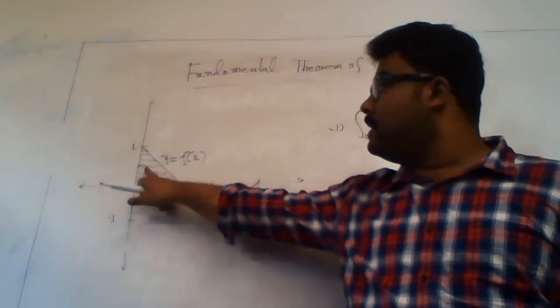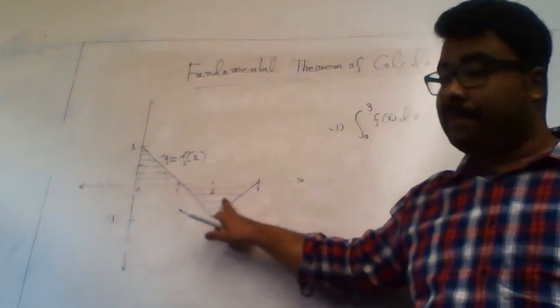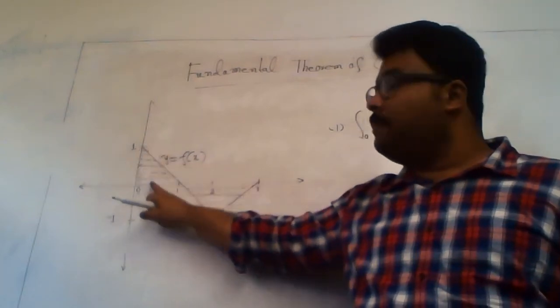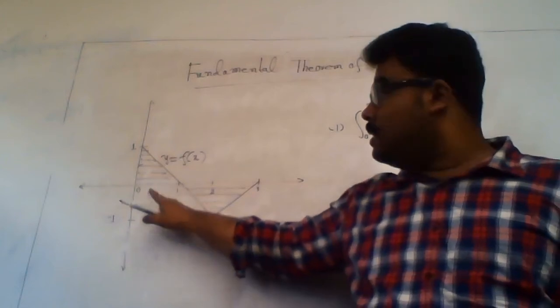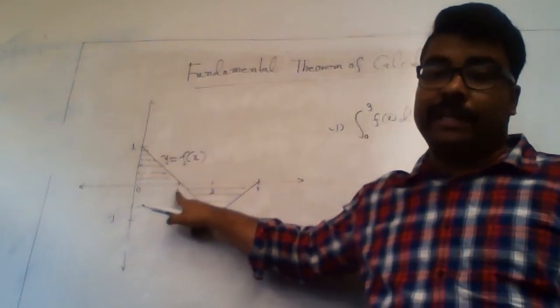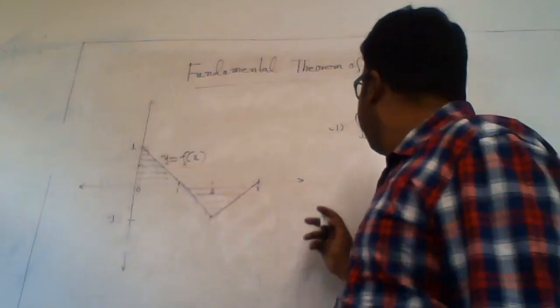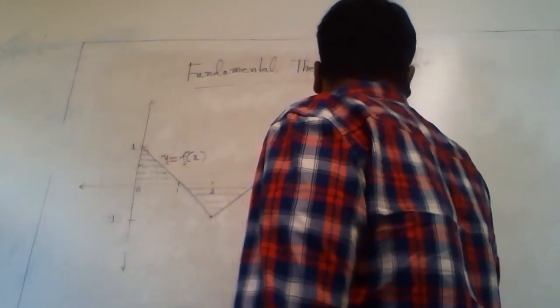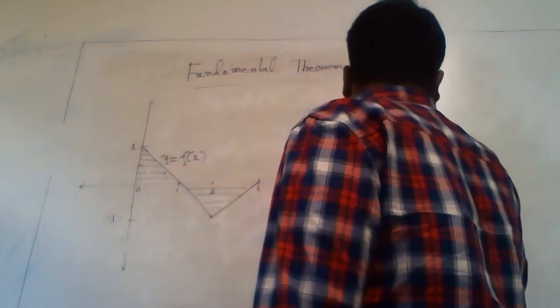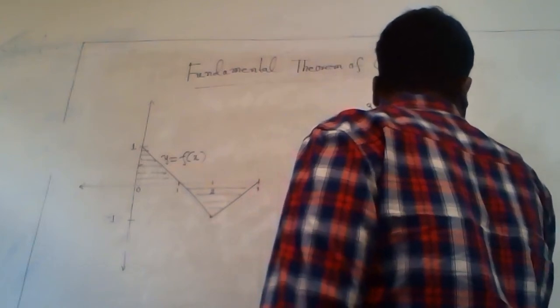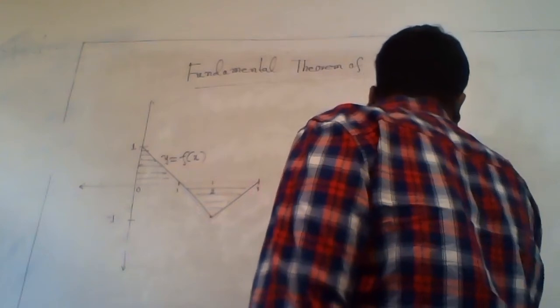The area above the x-axis minus the area below the x-axis. Above the x-axis I have a triangle whose base is 1 and height is 1.